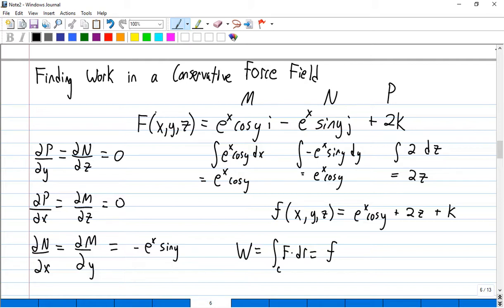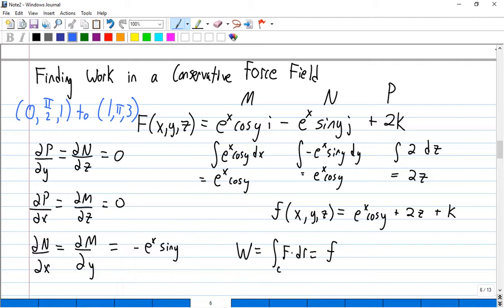I gave you the force field. Here are the 2 points, from (0, pi over 2, 1) to (1, pi, 3).